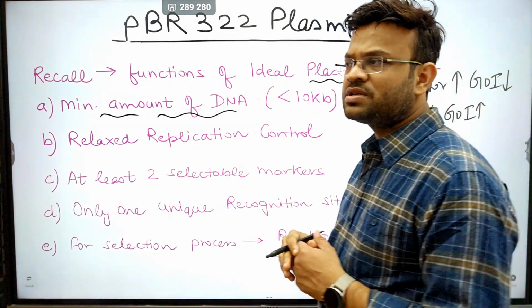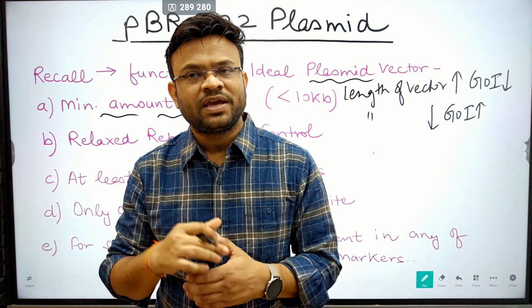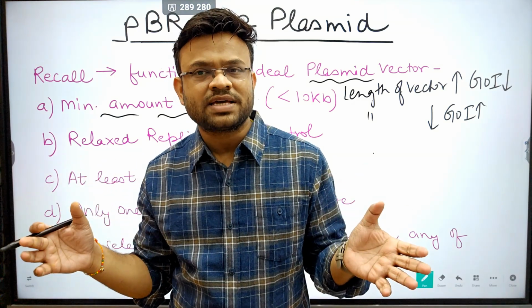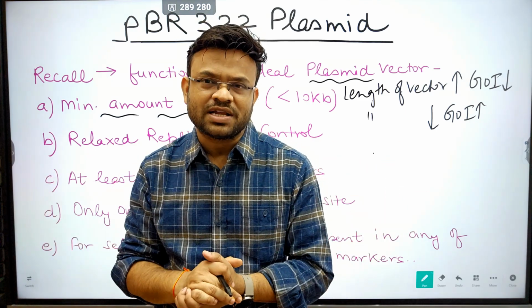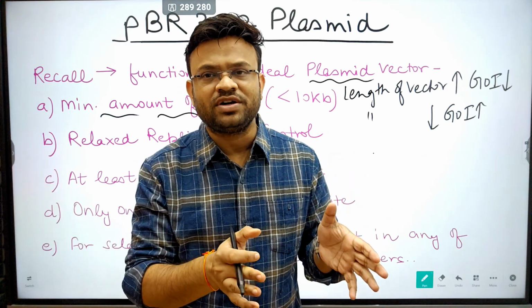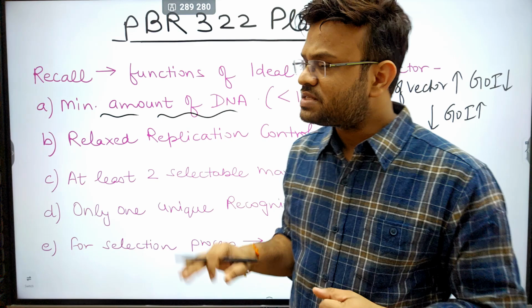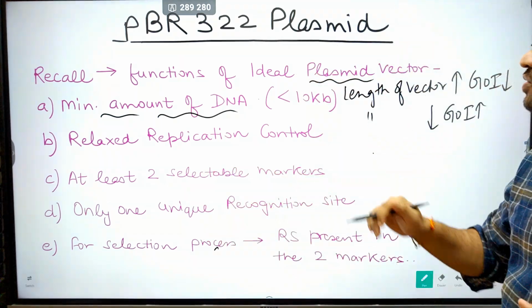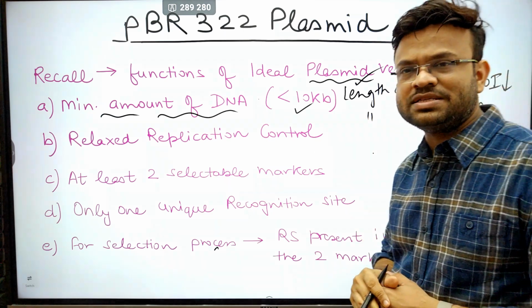Obviously, this is because the vectors will be introduced inside a bacterial cell, and the bacterial cell has a particular size. If the size of the vector itself is larger, you would not be able to introduce a bigger gene of interest because of the limitation of space inside the bacteria. So this is the concept. There should be a minimum amount of DNA present inside the plasmid vector. It should be less than 10 kb in size.